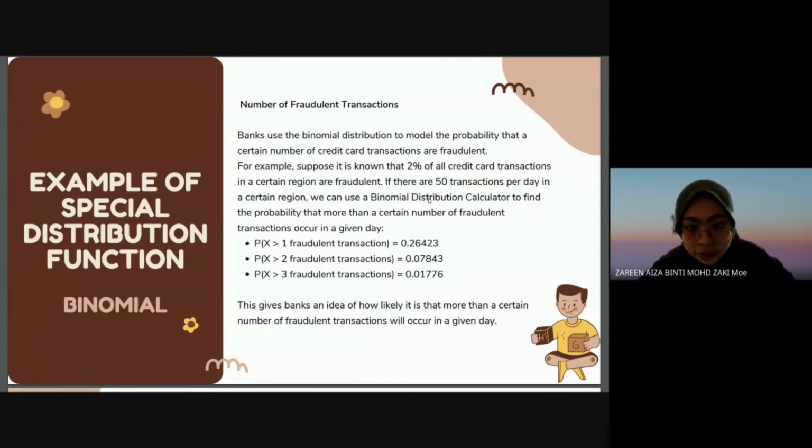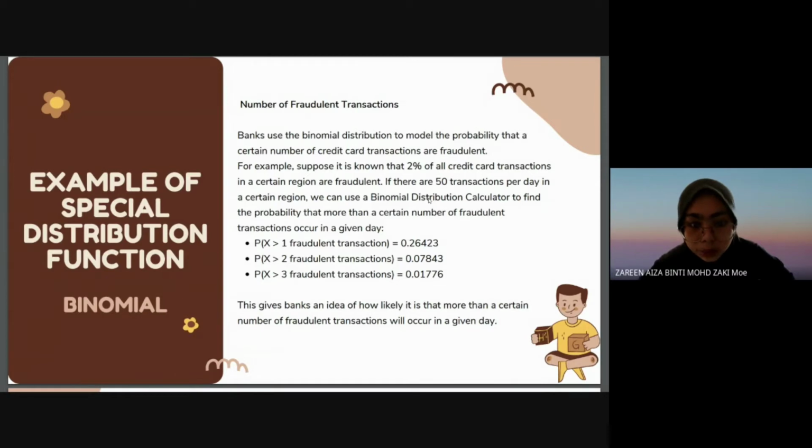There are 50 transactions per day in that region. We can use a binomial distribution calculator to find the probability that more than a certain number of fraudulent transactions occur in a given day.